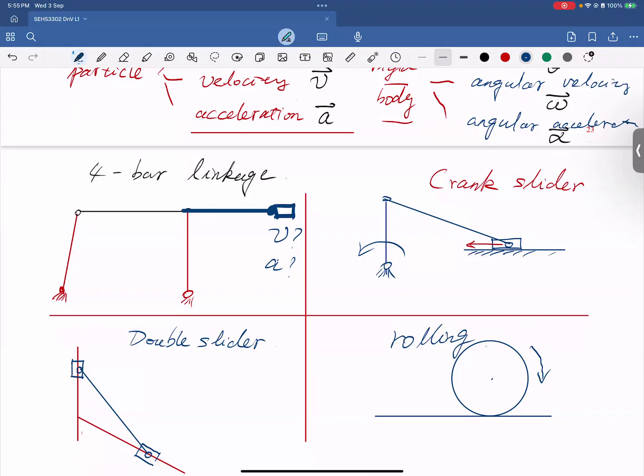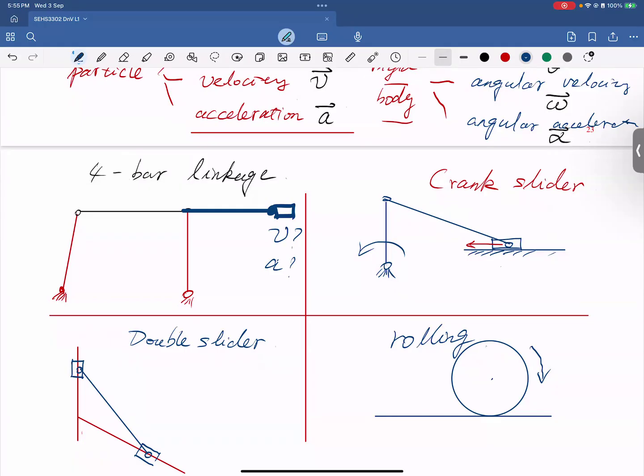So also, for a crank slider, it can transfer linear motion to rotation, right? So it is widely used in the engine, right?